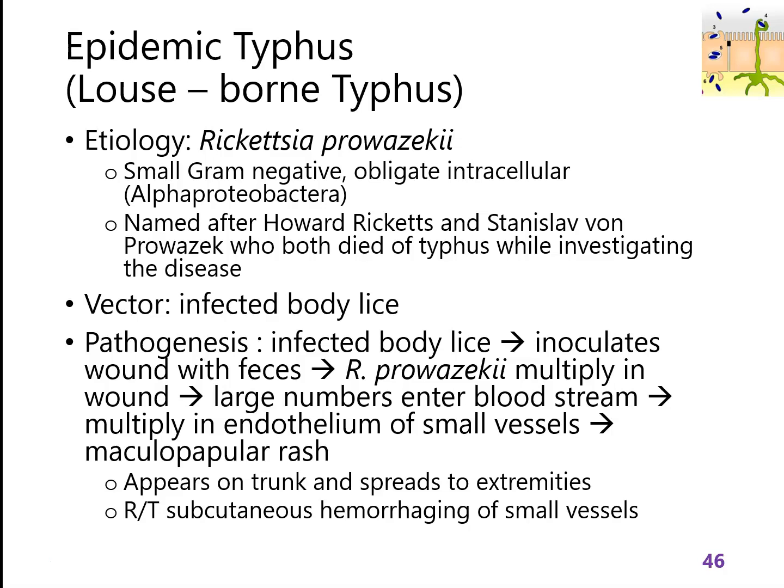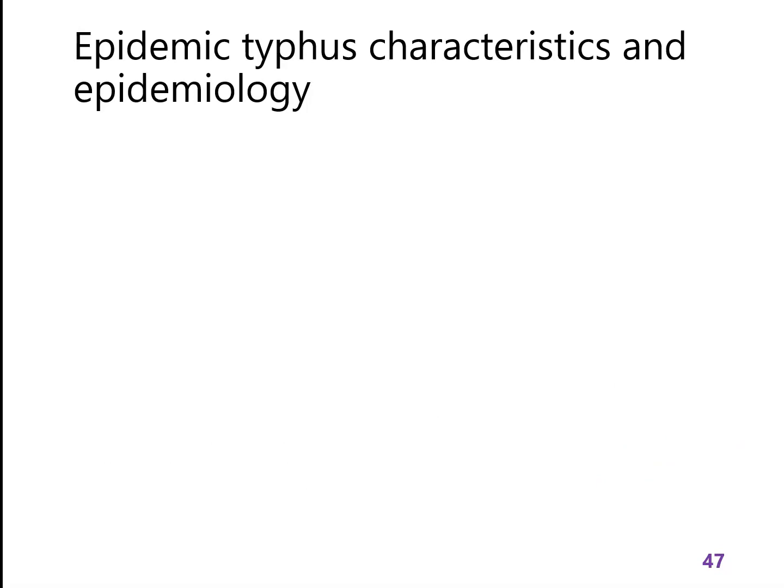The body lice grow Rickettsias in their gut, and they defecate as they bite, and they introduce the bacteria into our bloodstream. The Rickettsia grow in our endothelial cells, and that leads to some of the things we notice, like hemorrhaging of the small vessels.